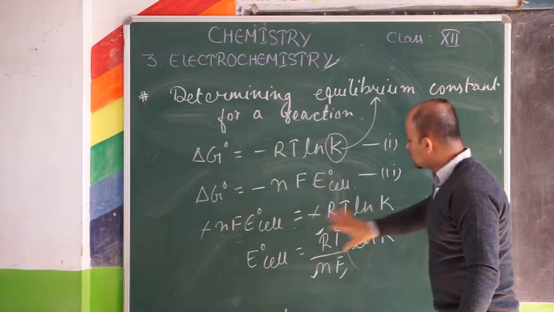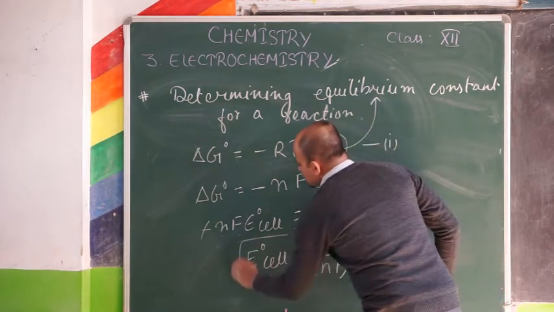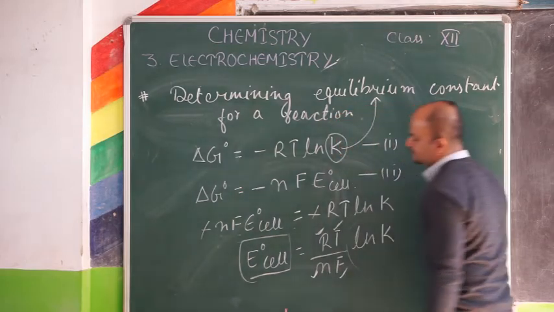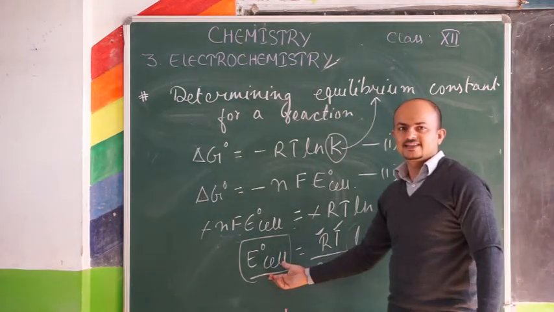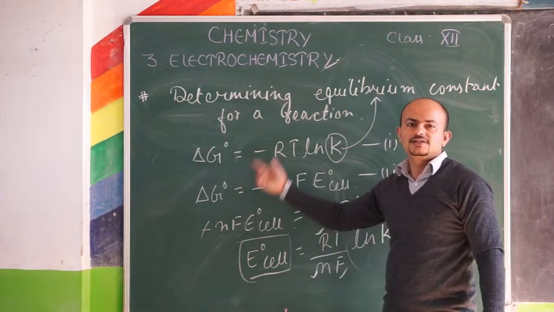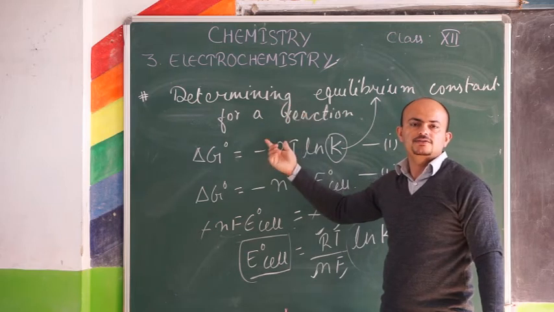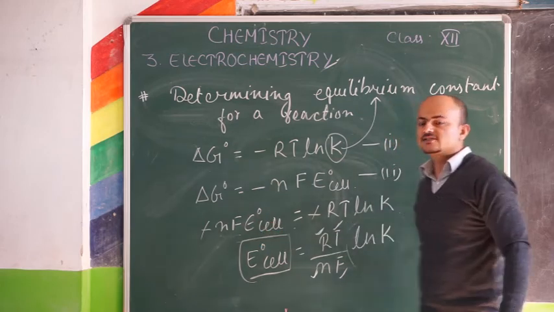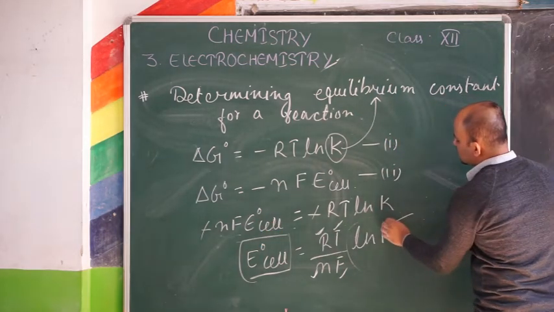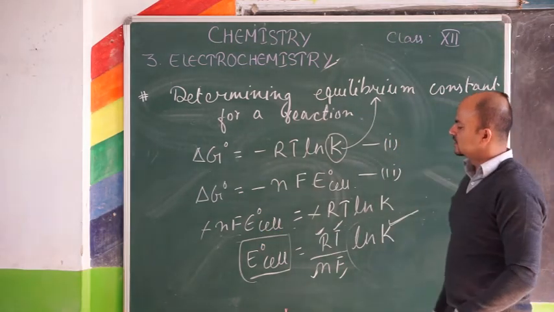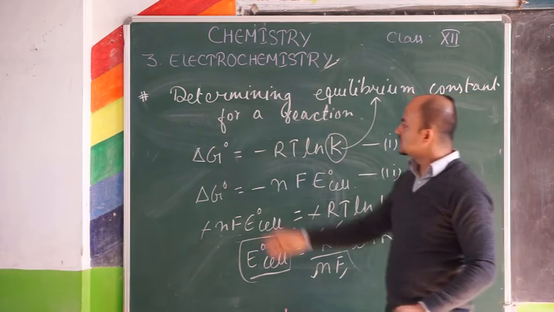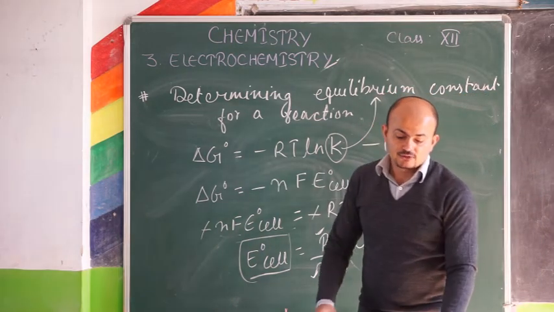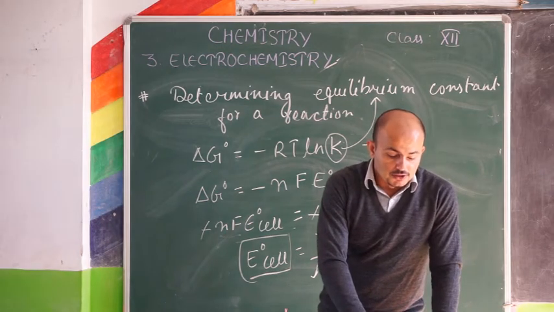That means all these four quantities are known. If you know E naught of the cell, we can calculate it from the standard reduction potential values given in the electrochemical series. What is unknown? The only unknown is this K, that is the equilibrium constant. So this can also be calculated by using this electrochemical series.